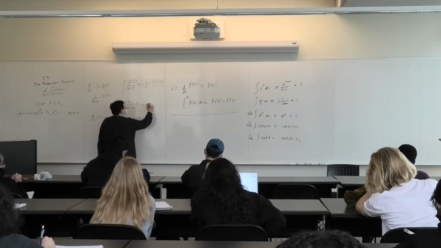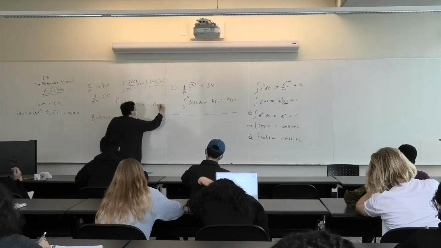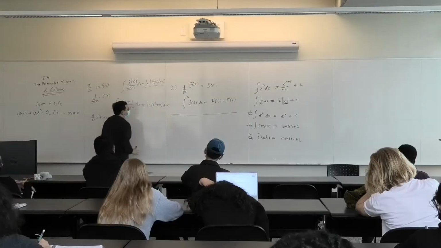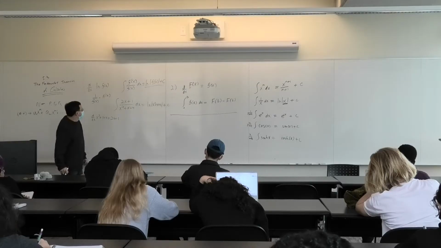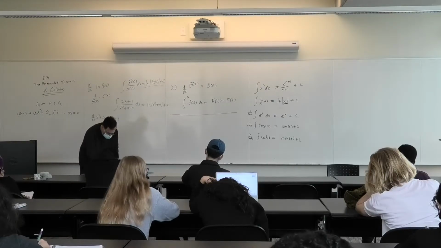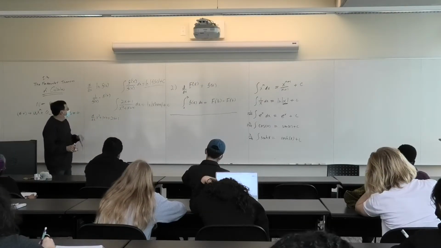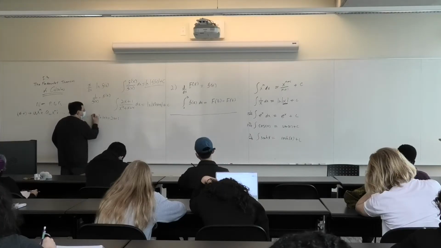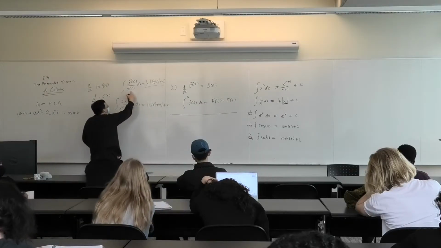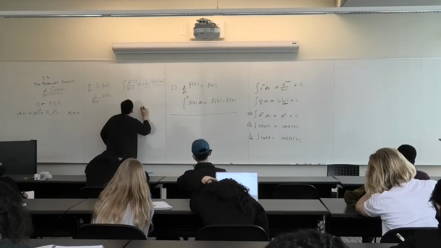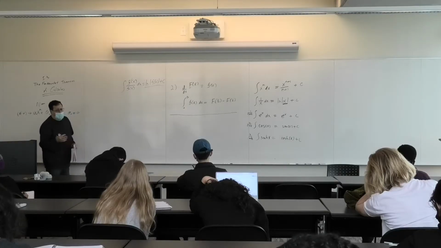So that tells us immediately that this is log of x squared plus x plus 4 plus some constant. So this is a nice pattern. That's a nice thing to know. It can be useful. We can go a step further with it.